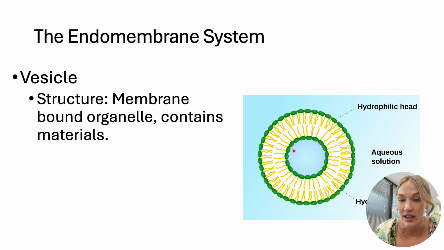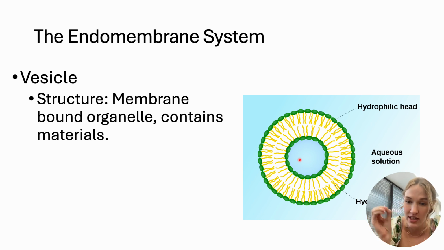So the smooth ER, the rough ER, is going to send this vesicle to the Golgi. The Golgi is the next one we're going to talk about, but I first want you to understand how a vesicle forms. A vesicle is going to form by physically pinching off from a membrane. So these things are basically transient. They are going to exist for a while, and then they're going to deliver to some other organelle.